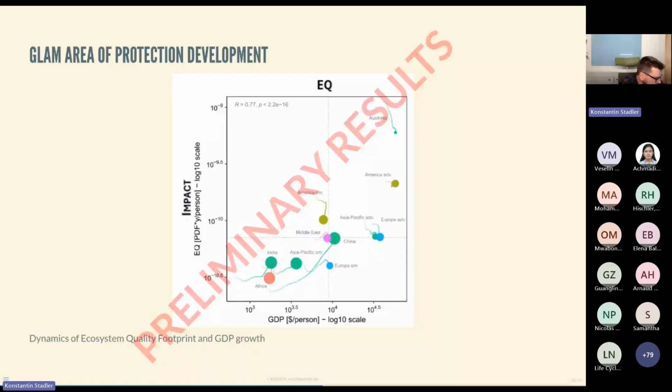The European Union, these are the bubbles in blue, also managed to reduce their overall impact. And what we would like to see, or the goal would actually be for the countries to somehow come into the lower right corner, which gives us an indication of decoupling. As I said, the figures were made yesterday, so we are very early in the analysis of the data.